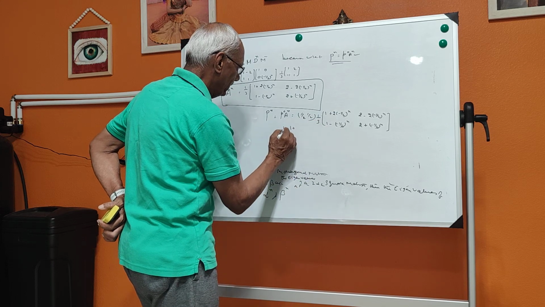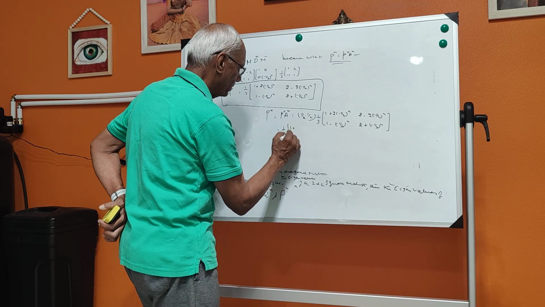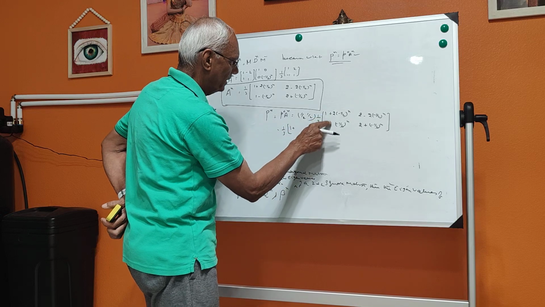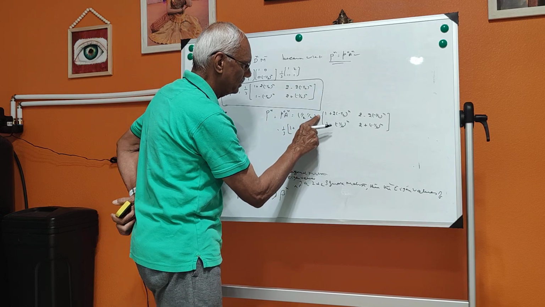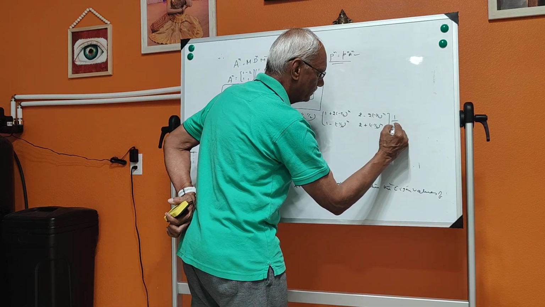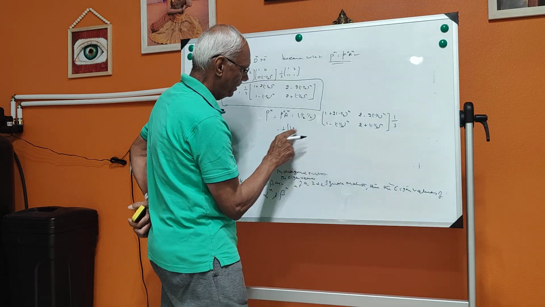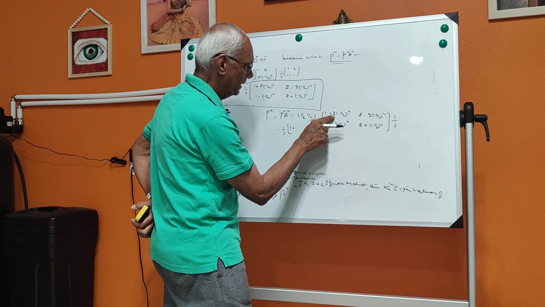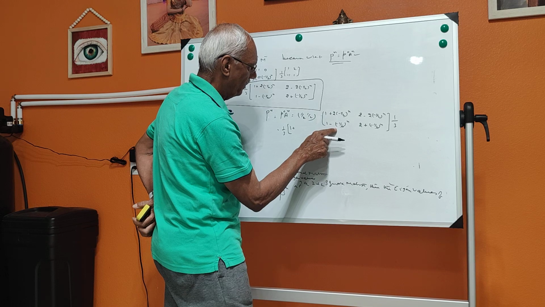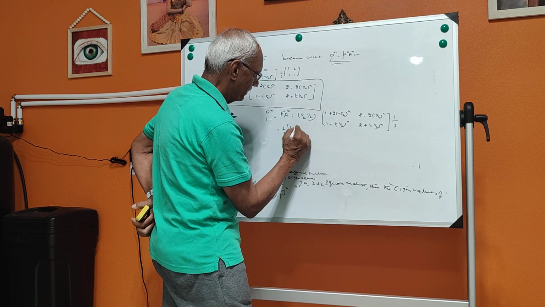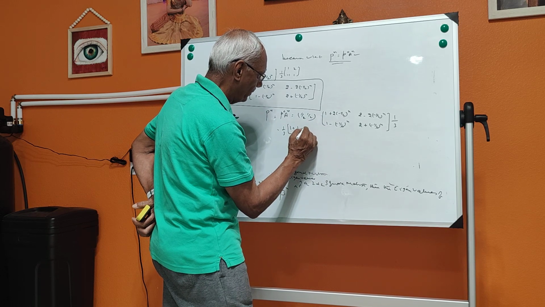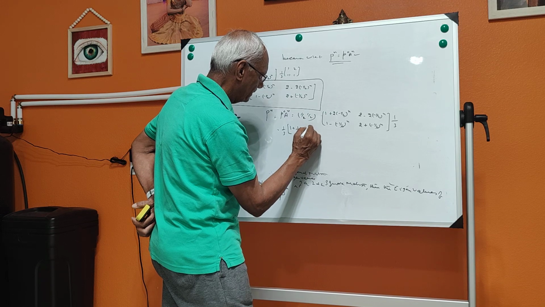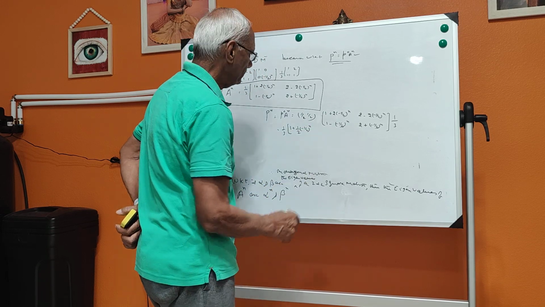So this 1 by 3 into, half into half, this is 1 and this is plus 1 time and this is minus half time, so this is plus half times minus half whole to the power of n.